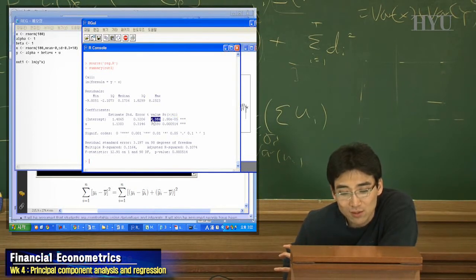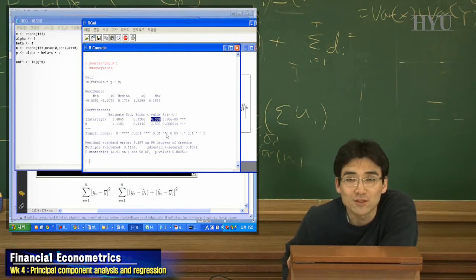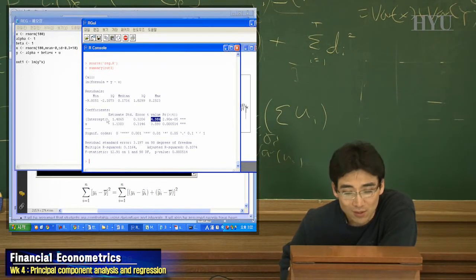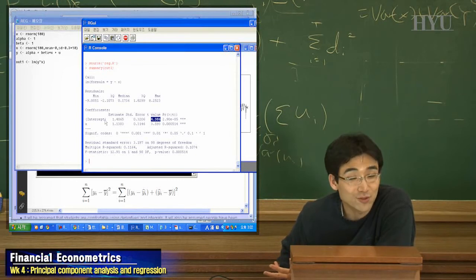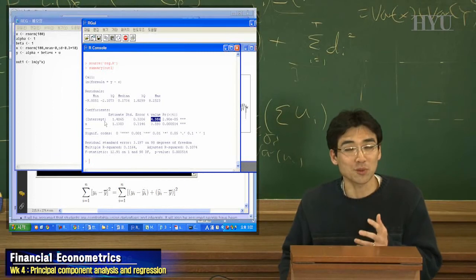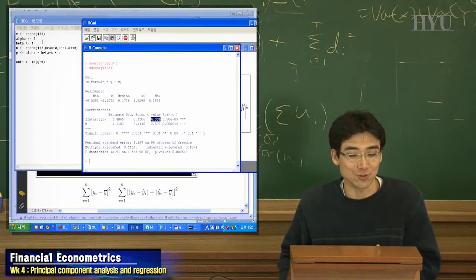So indeed, this kind of t value is a rare event under the assumption that the intercept is 0. Therefore, we reject the null hypothesis that the intercept is 0, and we can say that the intercept alpha is not 0.